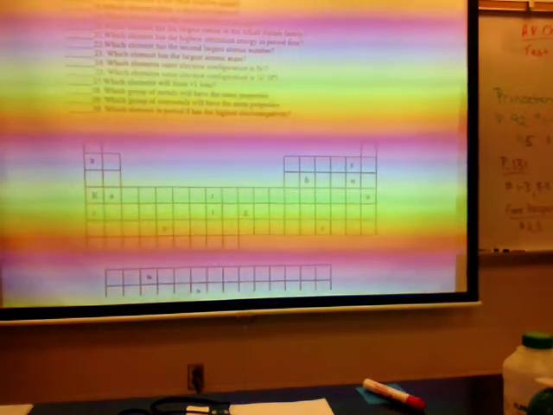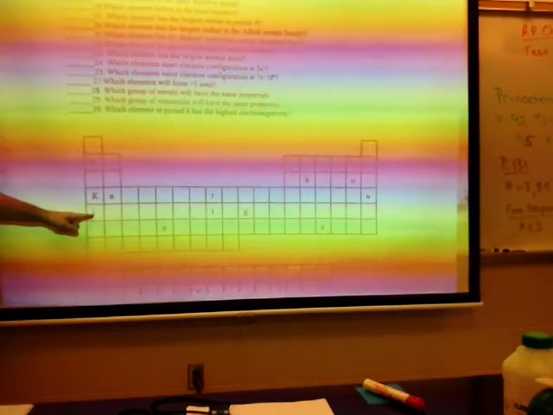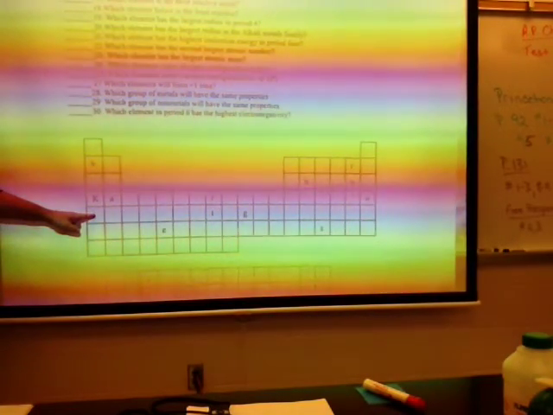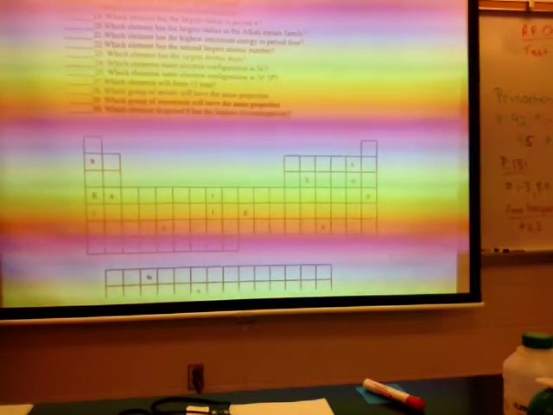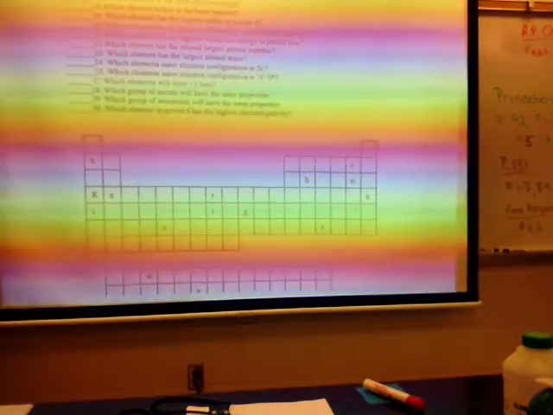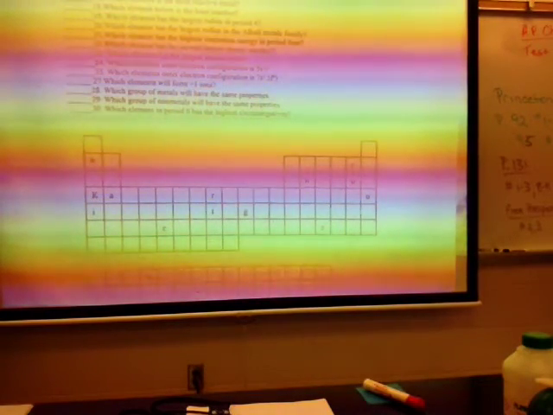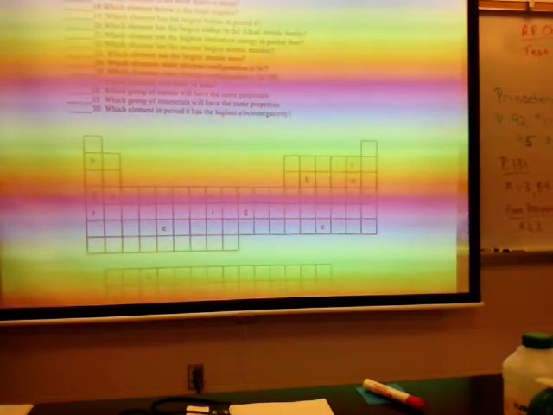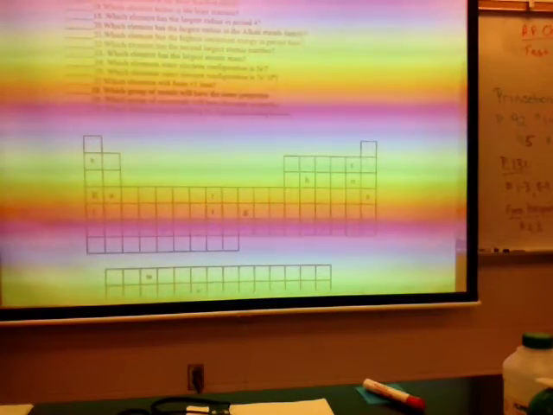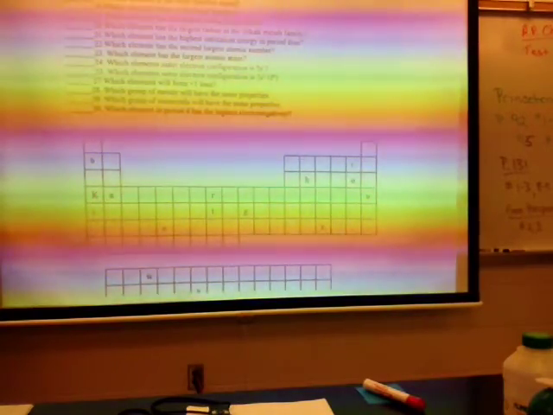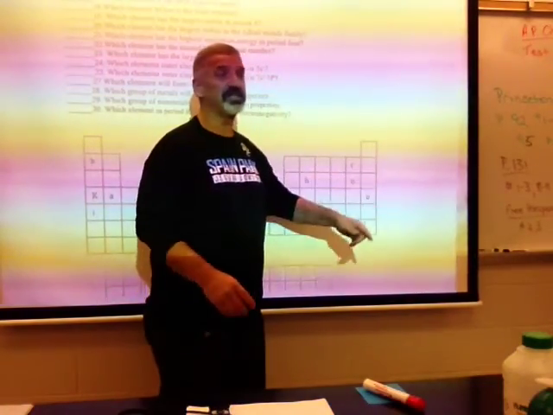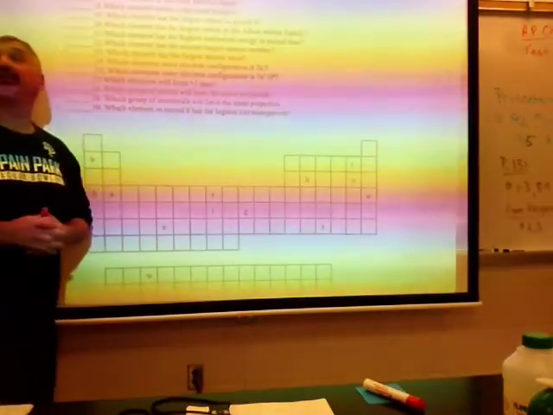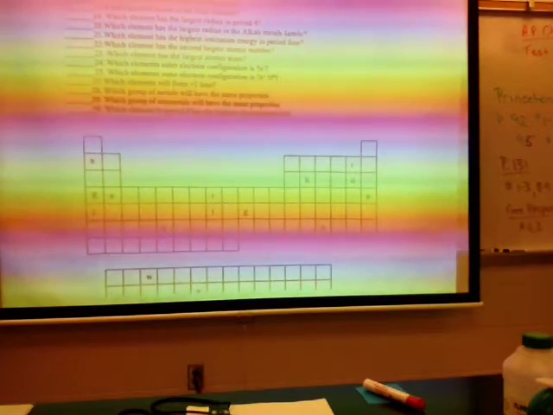Which element below is the least reactive? Yes, sir. Which one? What's the most reactive metal? It's going to be I. Now, B is a good guess. I've heard 3 answers. Noble gas being U, all the noble gases are the least reactive of everything.